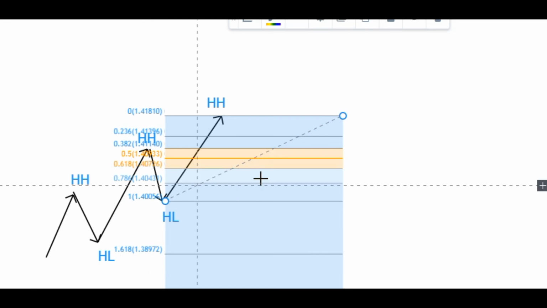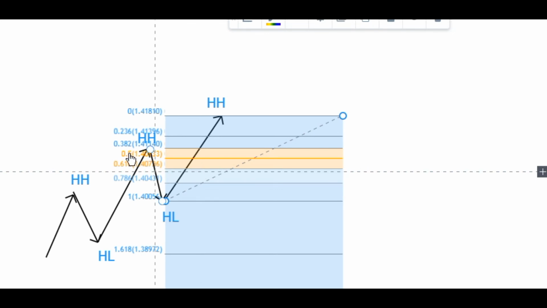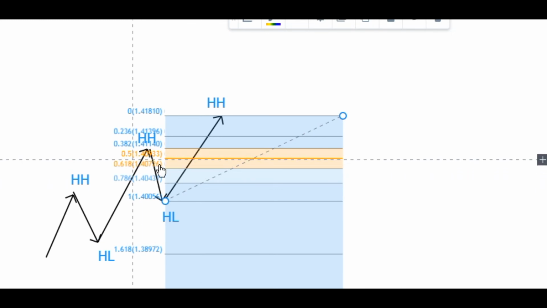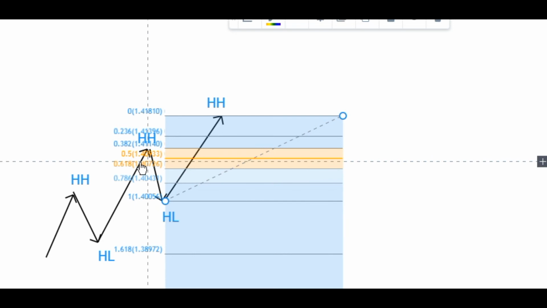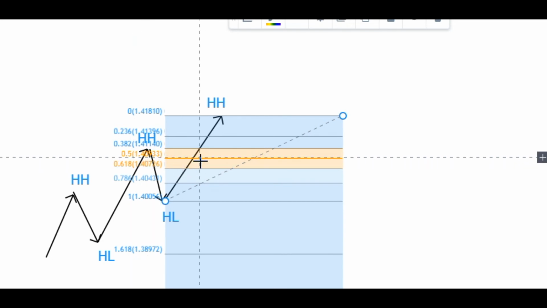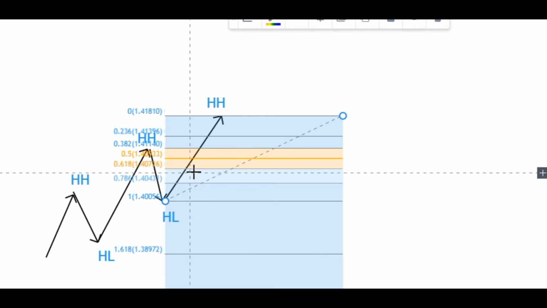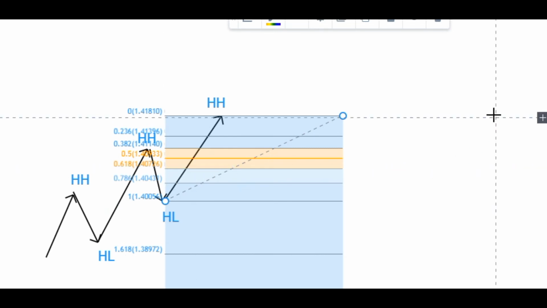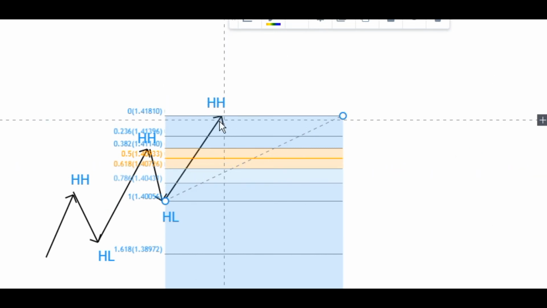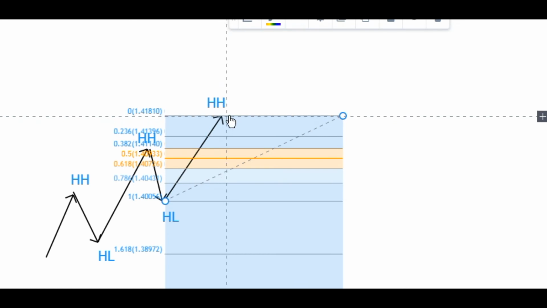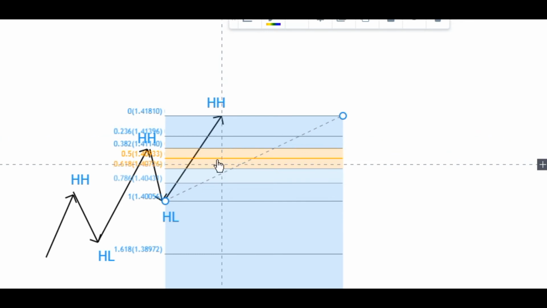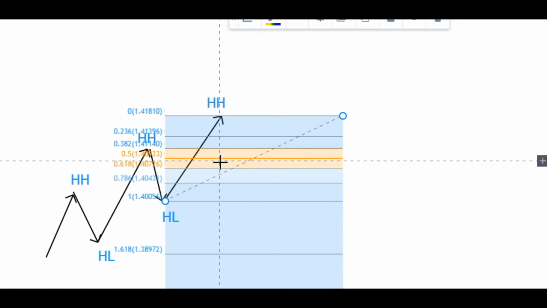I've named those numbers, or those zones, the golden zone. So the 0.5 could be my golden zone, and the 0.6 could also be another golden zone for me. What I look out for is I wait for price to retrace from the higher high, which is this top here, and come back to the golden zone, and when it gets to the golden zone, I look for a reversal.